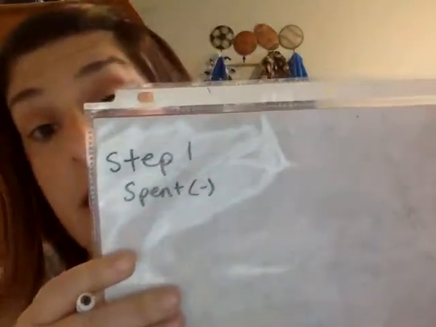So I'm going to box that word and I'm going to put a minus sign on top of that because I know that one of my steps is subtracting because she spent her money. It is gone. She is not getting that money back. So for step one, I'm going to write spent and I'm going to put subtraction next to it, just like that.